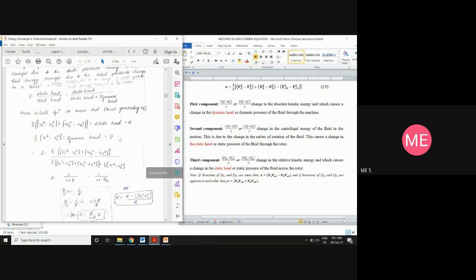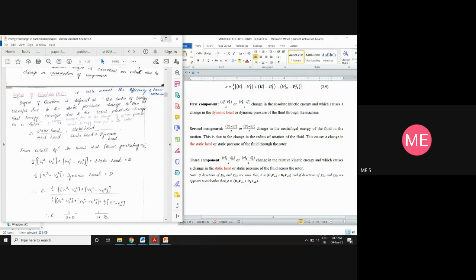From this, you take and place here in the equation of degree of reaction. If you place it now, what will happen? If you simplify, R will convert into only this formula. R is simplified in this form: Euler's turbine equation minus half into V1 square minus V2 square, divided by Euler's turbine equation. This is called degree of reaction.